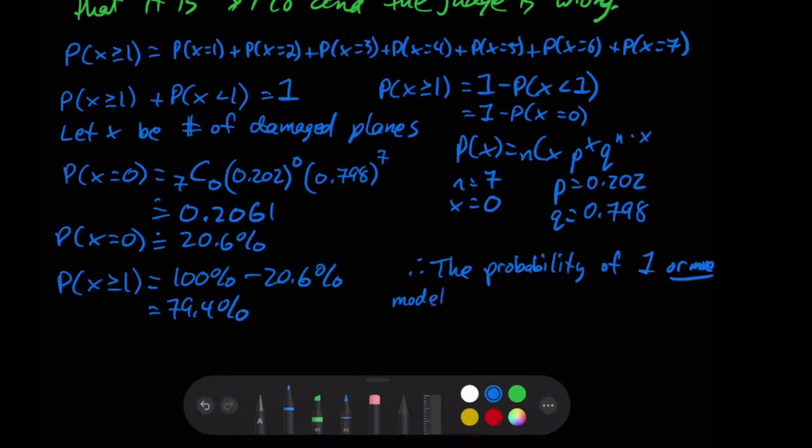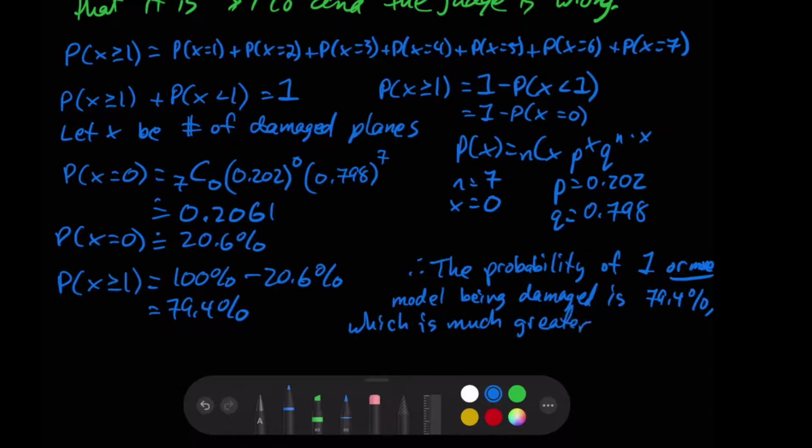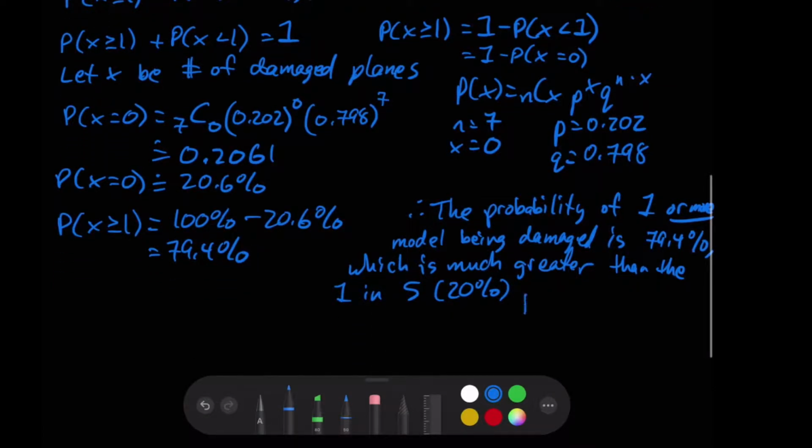Model being damaged is 79.4%, which is much greater than the 1 in 5, 20% probability predicted by the judge.